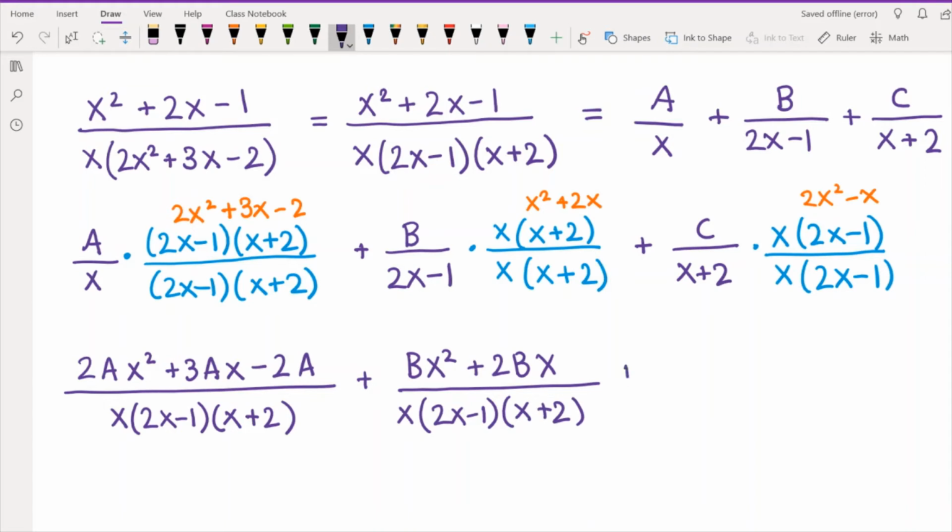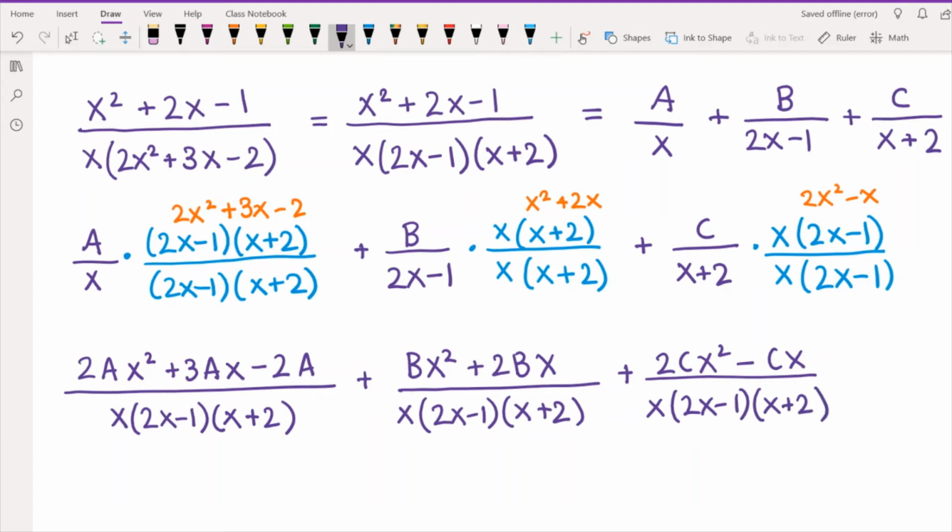And then for the last one, we'll get 2Cx squared minus Cx. And that's divided by, again, that same new denominator, x times 2x minus 1 times x plus 2.